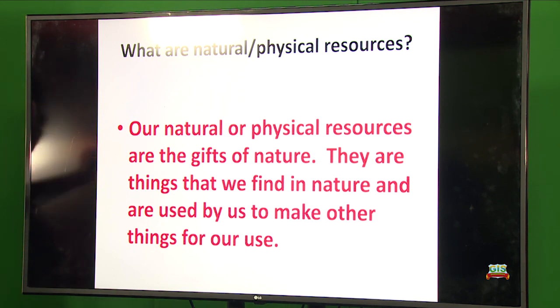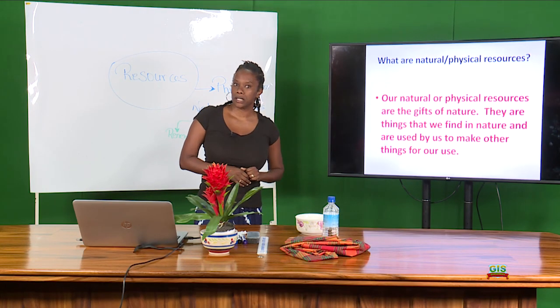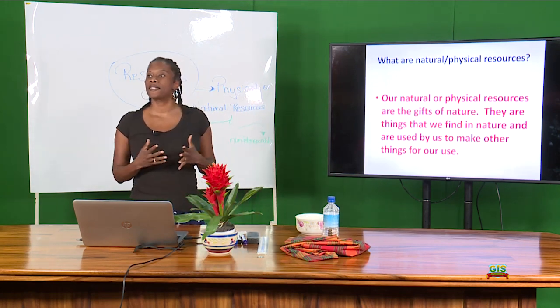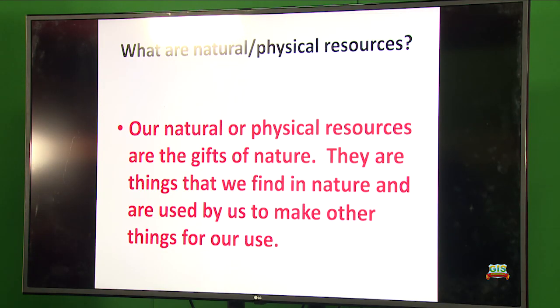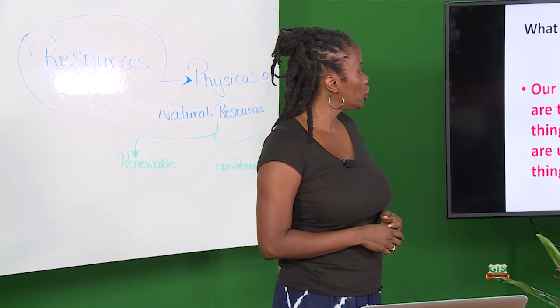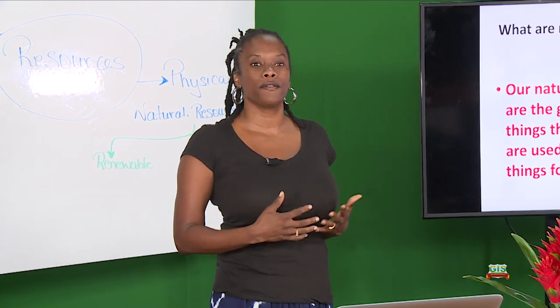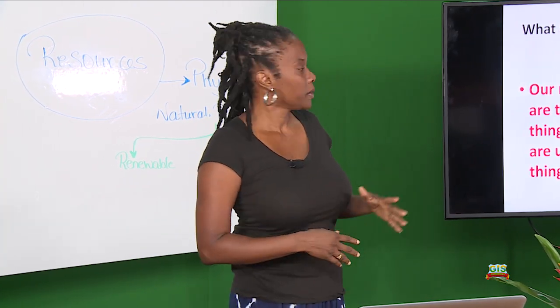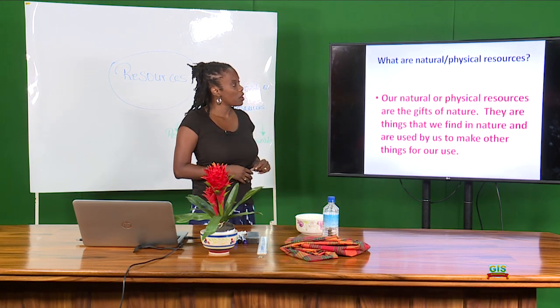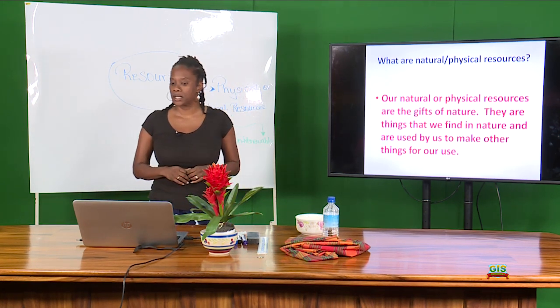But we have our physical resources. And these are the gifts of nature. Things that nature gives us or has gifted to us that we can use to make other things. These are our natural or physical resources.